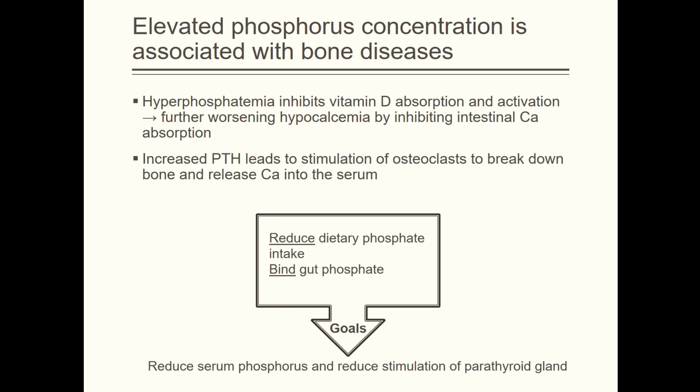Increased PTH leads to stimulation of osteoclasts to break down bone and release calcium into the serum. So we want to reduce dietary phosphate intake in patients with severe kidney disease and also use binders to bind gut phosphate. The goal is to reduce serum phosphorus and reduce stimulation of the parathyroid gland.